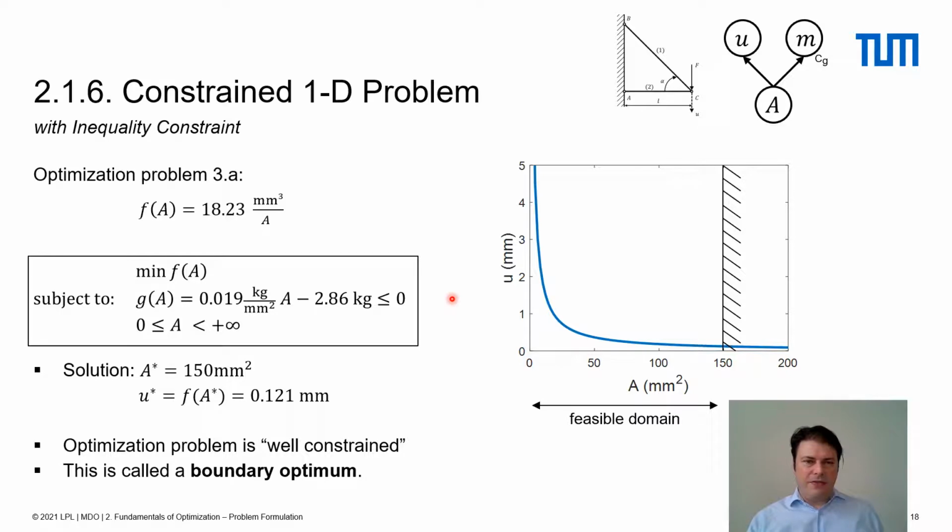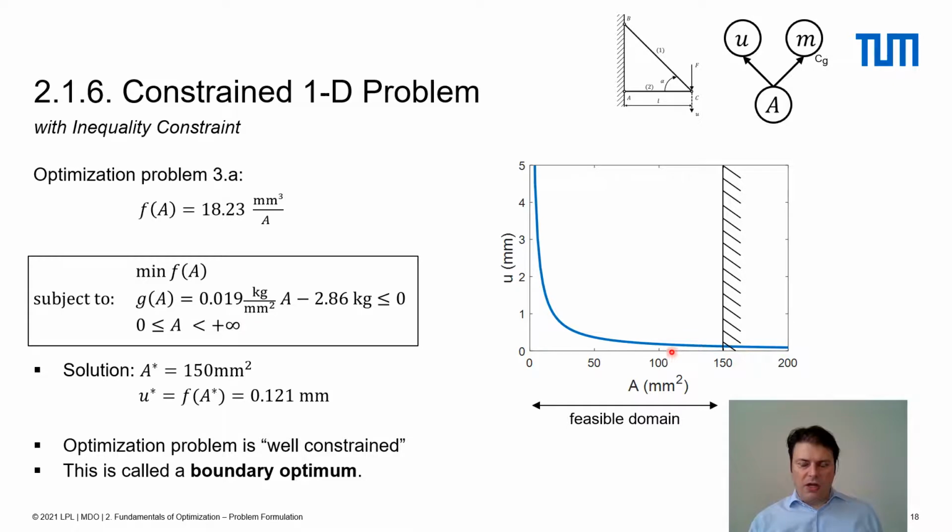Now let's look at the first of the two constrained 1D optimization problems, the one with the inequality constraint. The mathematical optimization problem now reads: minimize f of A subject to total mass minus critical mass should be less or equal to 0, and an expression that defines the design space.